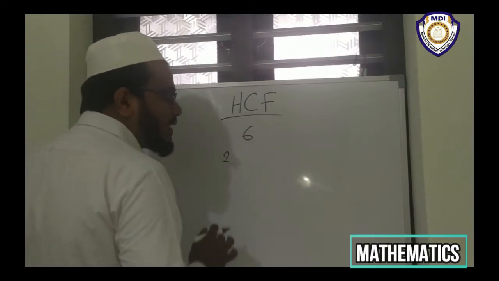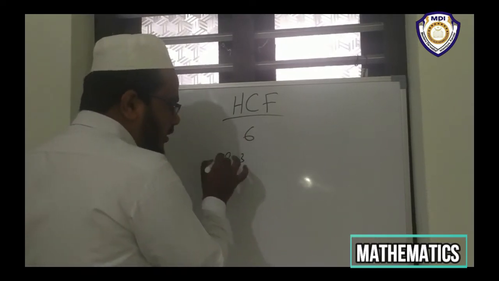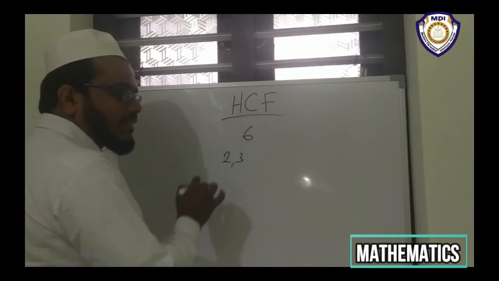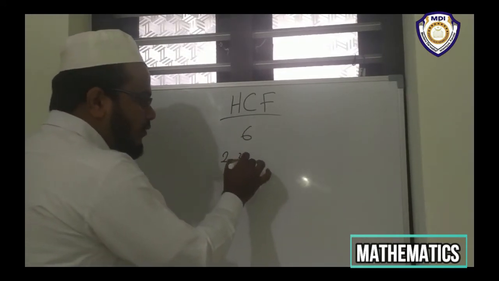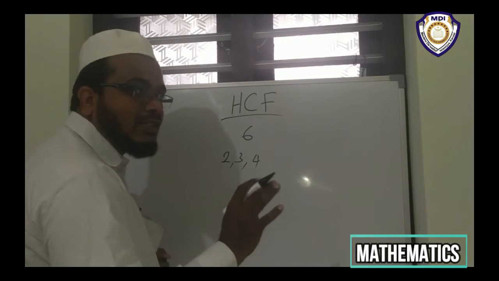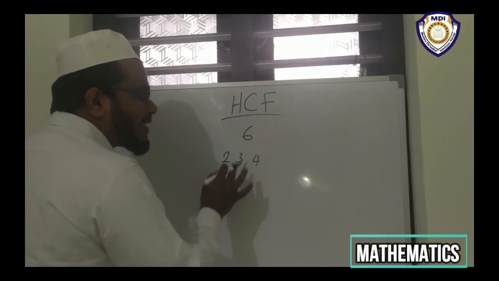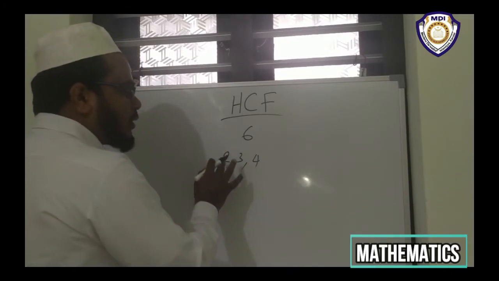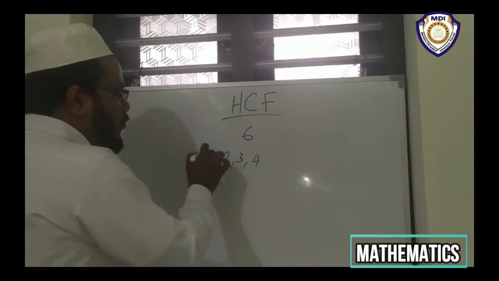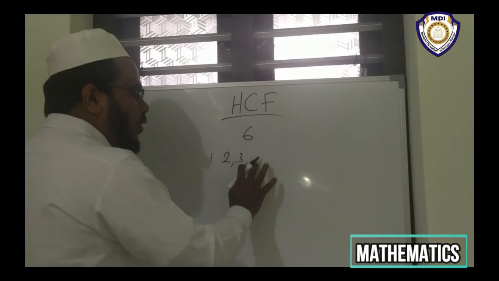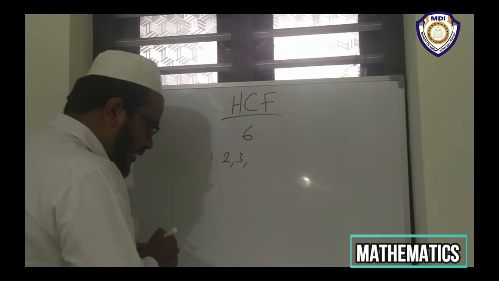Then 3 is also a factor of 6. 4 is not a factor of 6 because 4 cannot divide 6 exactly. Then 6 and 1 can. These are the factors of 6.